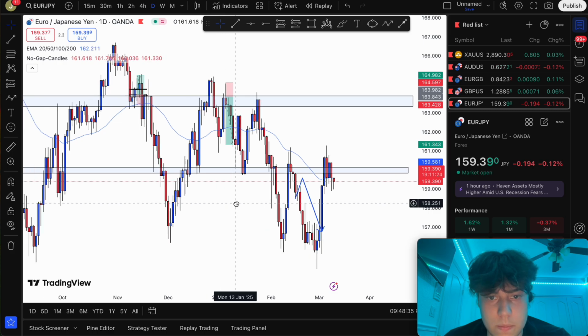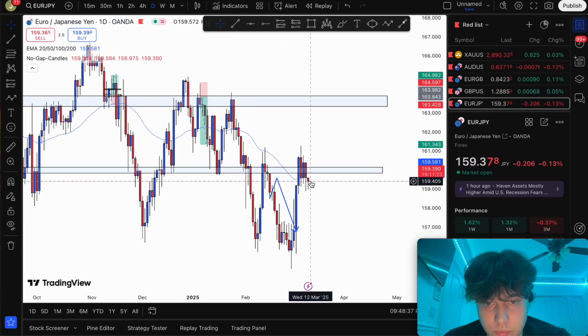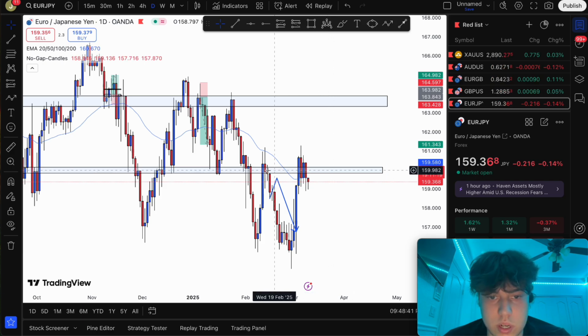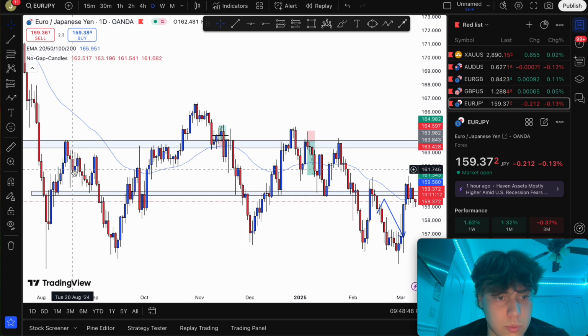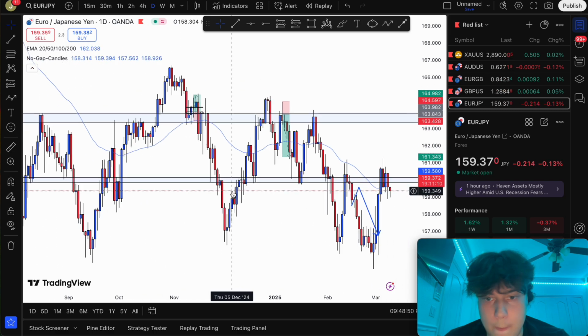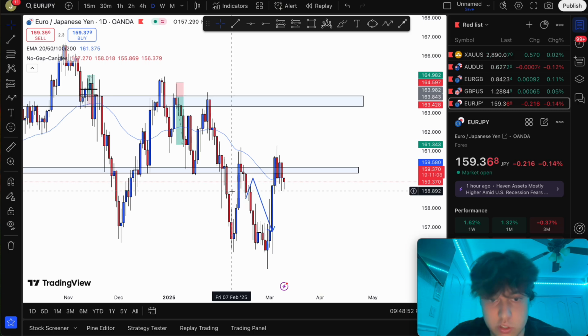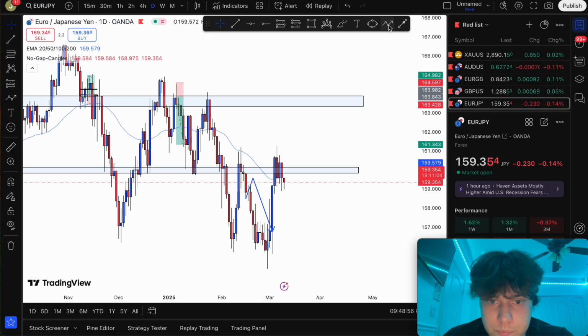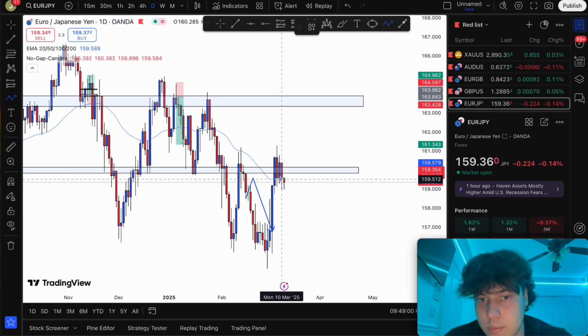What I'm waiting for here is, right now we are under this support and resistance level. As you can see, we have resistance, support, support, support, resistance, resistance, resistance, support, support, and support. So it's a beautiful area of interest, very solid, more than 3 touches, very respectful. We have this EMA right around here that is respecting price.